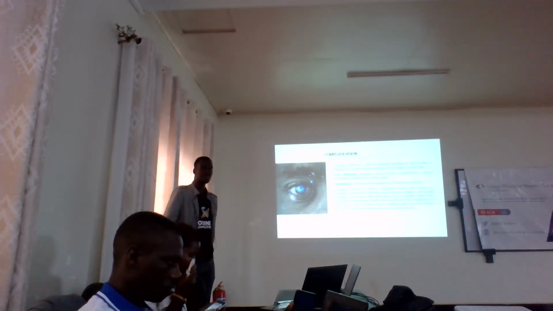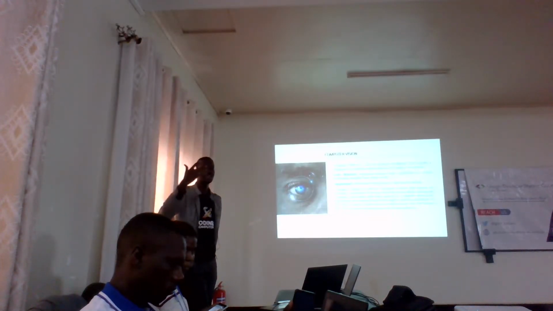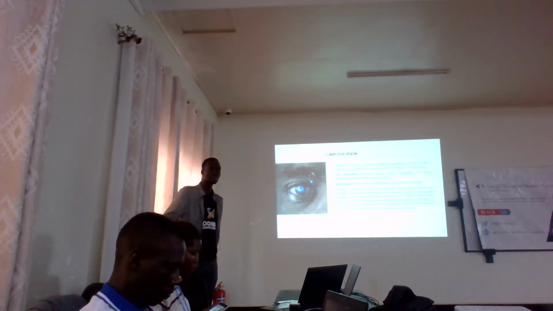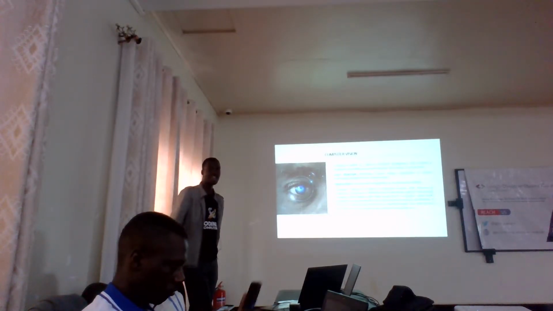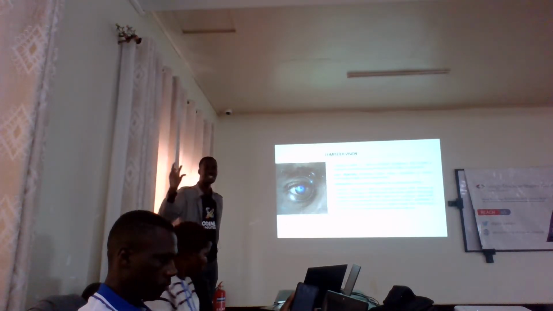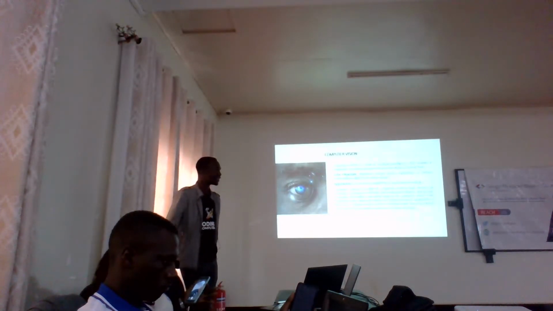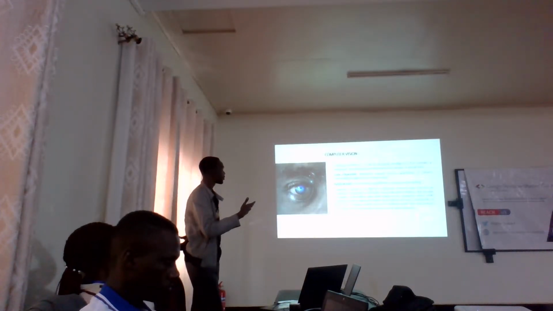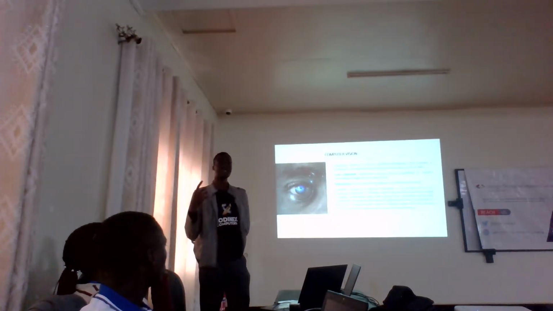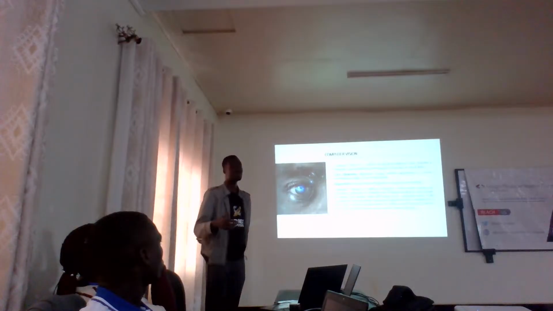People who looked at price prediction the other time had a data set with figures and numbers, sort of numerical. Now here, we're going to be looking at data sets that are images or videos.